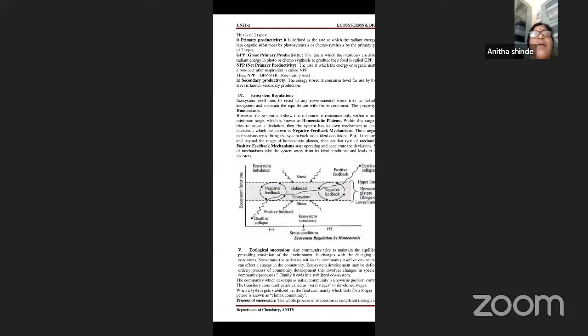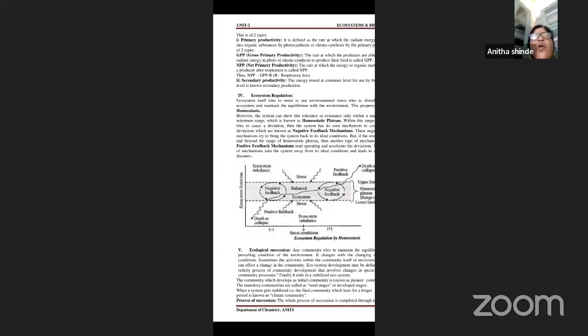So this is about ecological productivity. All these are different ecological functions that an ecosystem needs to run the whole biosphere.